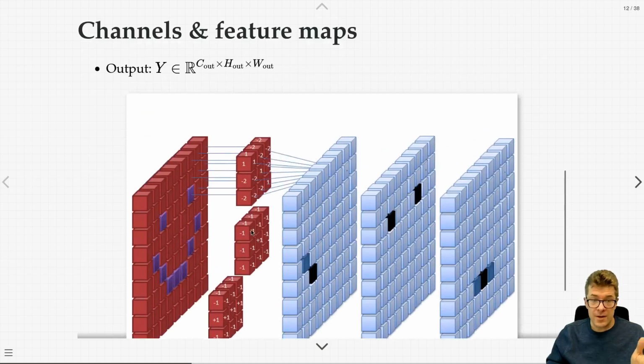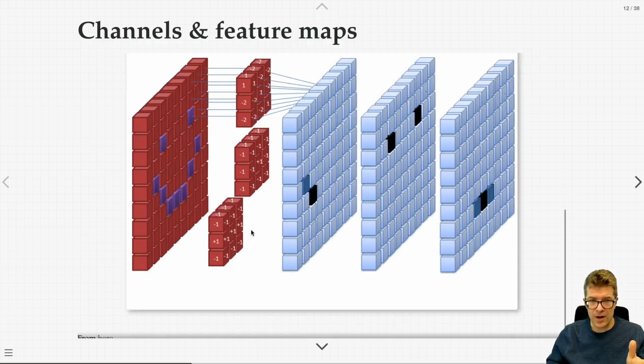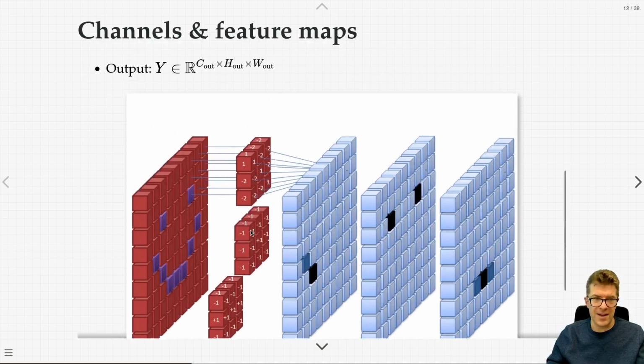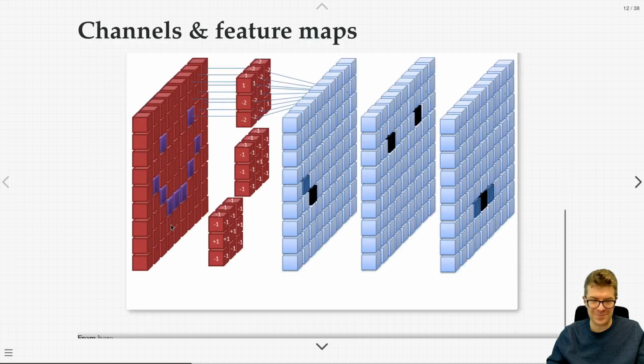Here's an image just to kind of hammer home the point that I'm trying to make with regards to different filters doing different things. Again, this is a cartoon example, as you see constantly in machine learning educational material such as this. Imagine you're trying to build a smiley face detector. And in red here, you have the raw inputs, which is maybe binary. So all of these red pixels represent 0, and these purple ones represent 1, they're active.